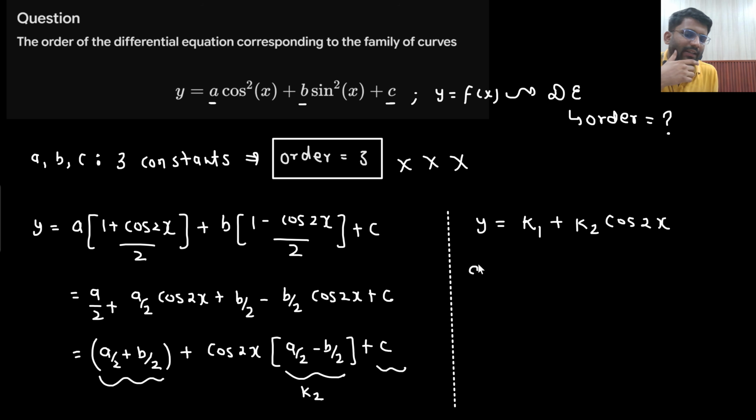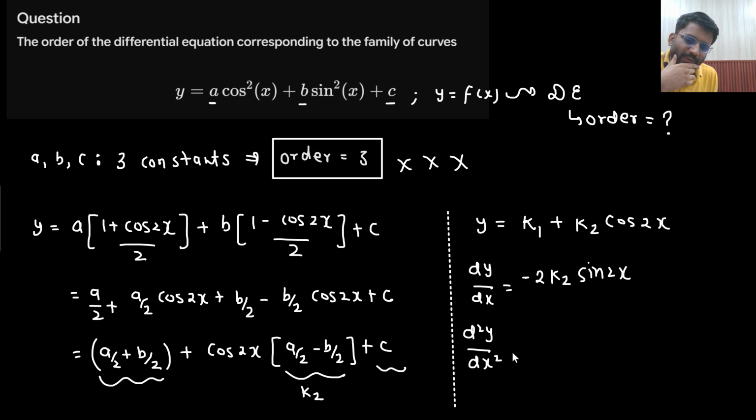2 constants are there, so you need to differentiate twice. So dy by dx, what you are getting? Minus 2k2 sin 2x, and then d2y by dx2 is minus 4k2 cos 2x. Say yes or no? Right?